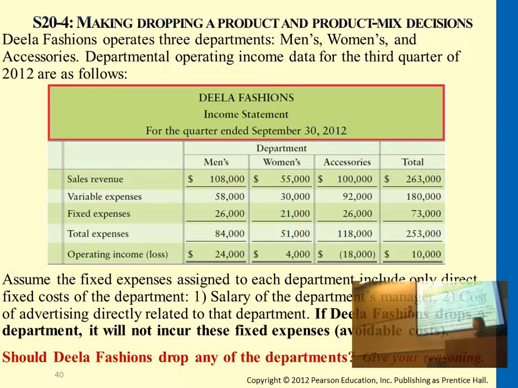Of course, since they're having negative operating income, they may want to minimize the variable cost more or try to boost up the sales revenue in larger quantities. But if this is unavoidable fixed cost, then we're just looking at contribution margin. All 3 departments have positive contribution margin, so the answer will not be directly dropping the product. It will be considered further.